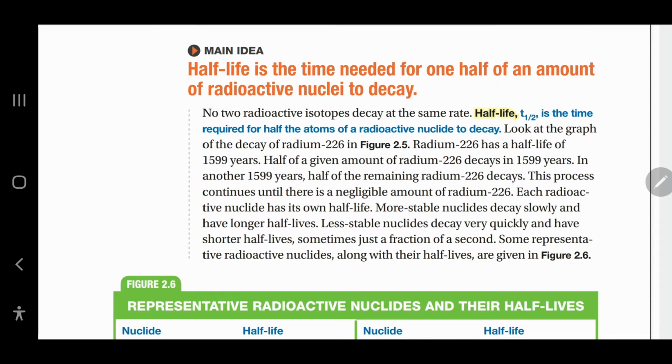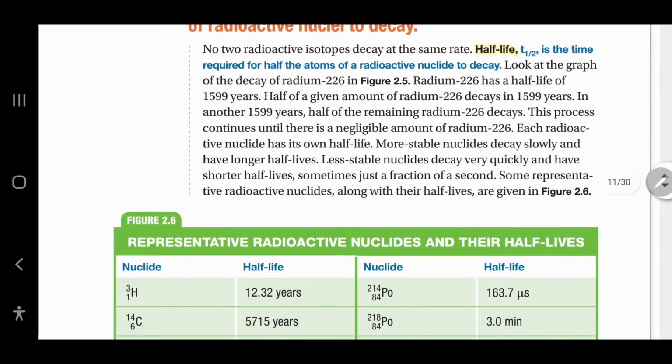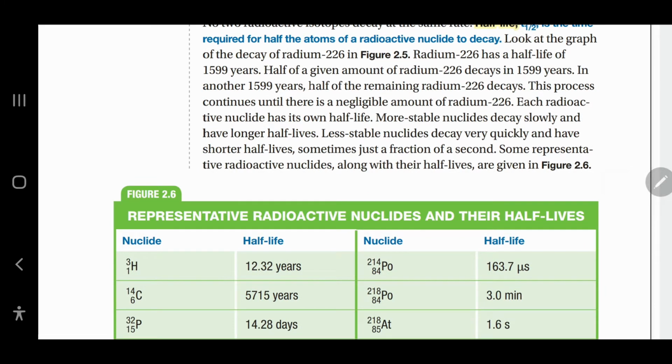So for example, if we look below here, we can see this table, the half-life of some elements. If we look at the carbon 14 isotope, we can see that the half-life is 5,715 years, which means that if we have 10 grams of carbon 14, after 5,715 years we will have only 5 grams, because half of the quantity will have disappeared and decayed.